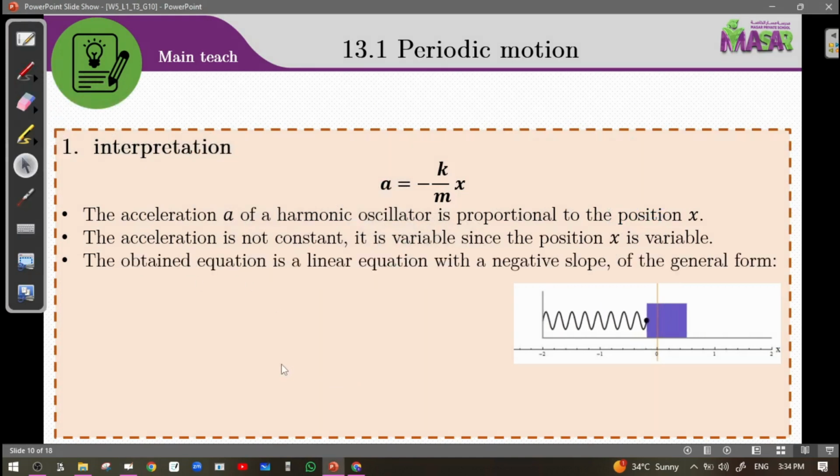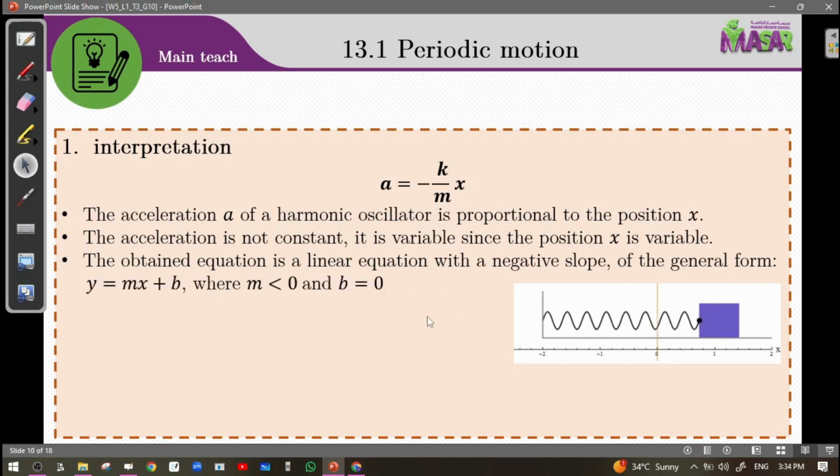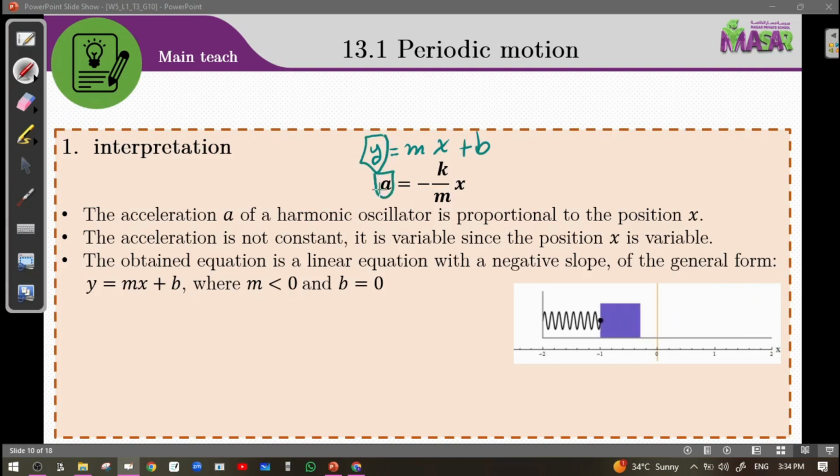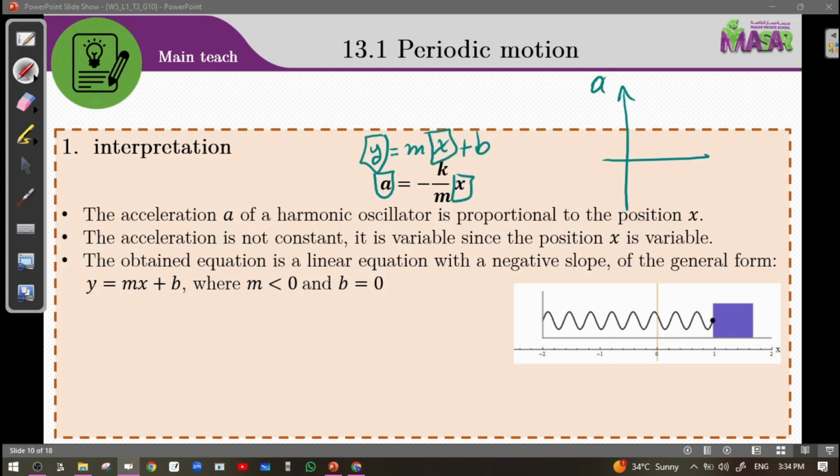Now the obtained equation is a linear equation with a negative slope because it has the general form y is equal to mx plus b. If we compare the two equations, we deduce that y is just a. So this is a along the vertical. The x is the x here along the horizontal.